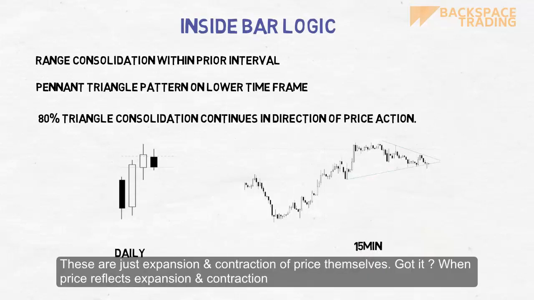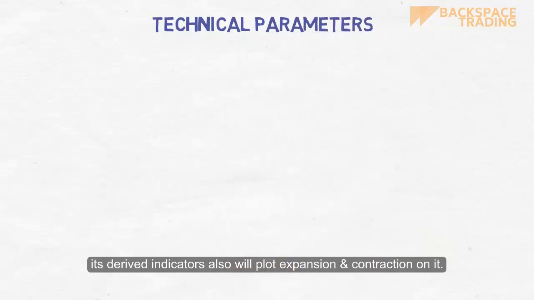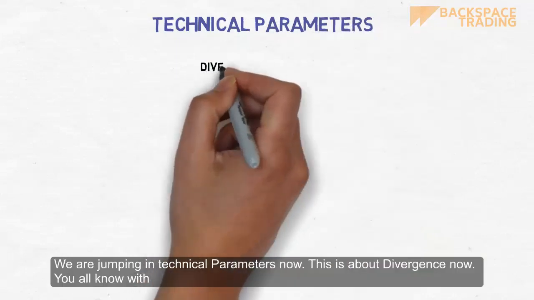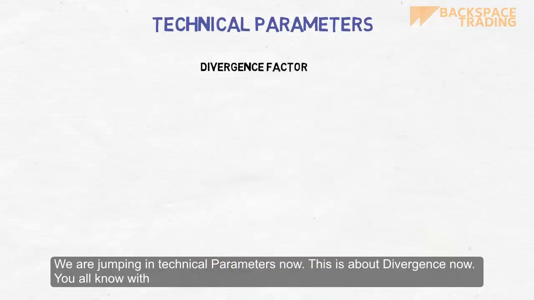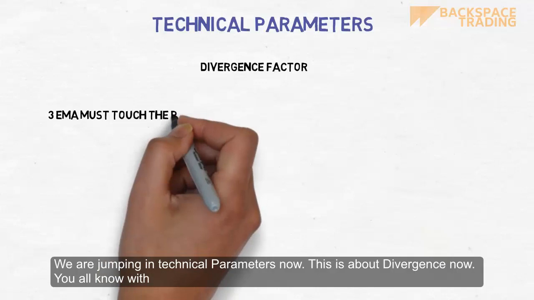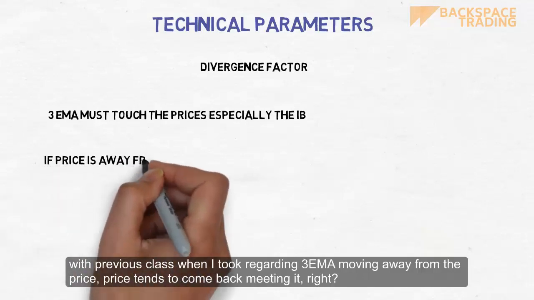These are just expansion and contraction of price themselves. Got it? When price reflects expansion and contraction, its derived indicator will also plot expansion and contraction. Okay, we are jumping into the concept of technical parameters required for this. And now this is about divergence. Now you all know from previous classes, when I taught regarding the 3 exponential moving average, that when it moves away from price it tends to come back, meeting it, right?